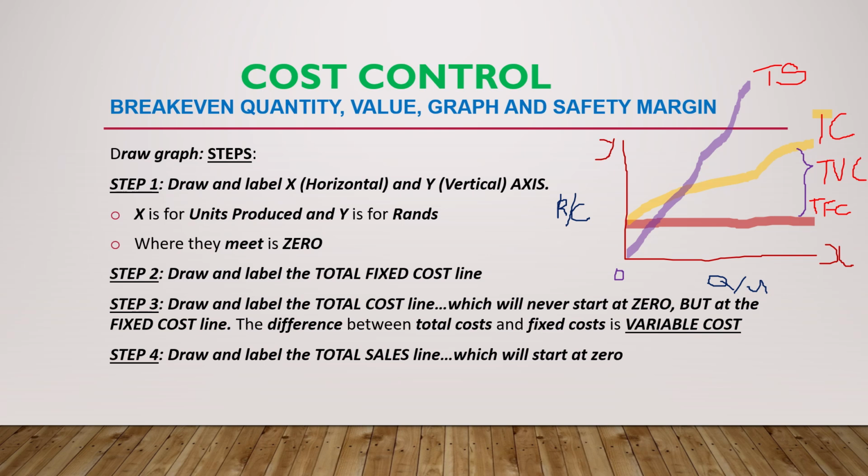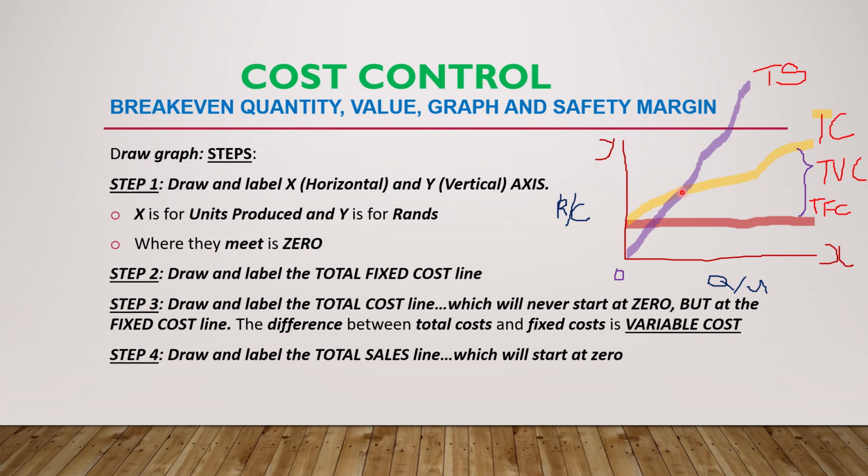where is the break-even point? Okay, whereby we don't make profit and we don't incur any loss. It's when your total sales equal your total cost. Where do we see it here? Where your total sales meets your total cost.